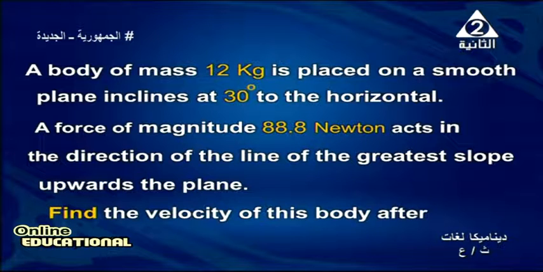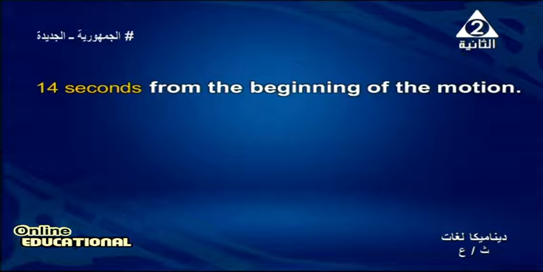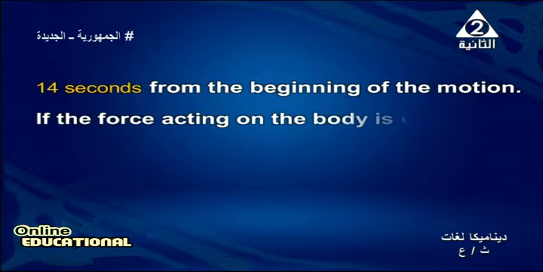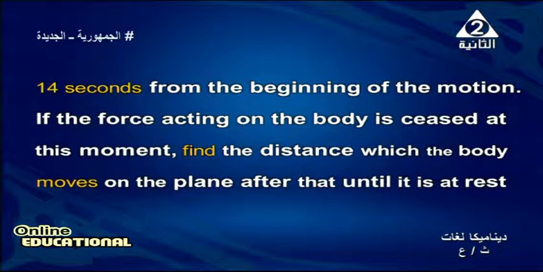Find the velocity of this body after 14 seconds from the beginning of the motion. And if the force acting on the body is ceased at this moment, find the distance which the body moves on the plane after that until it is at rest.